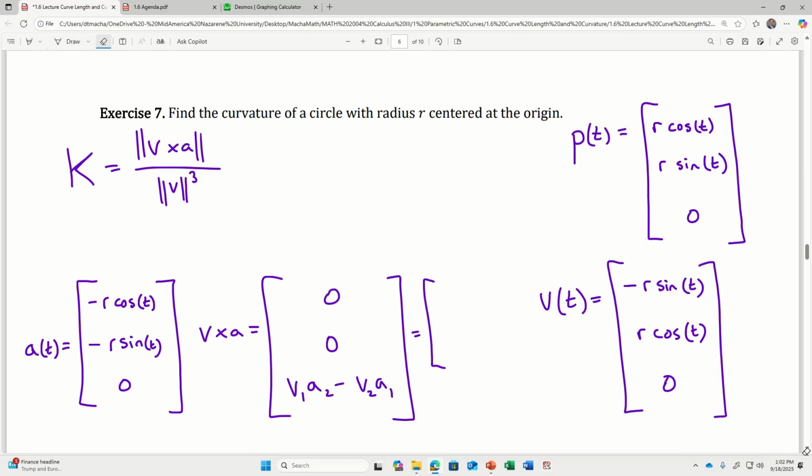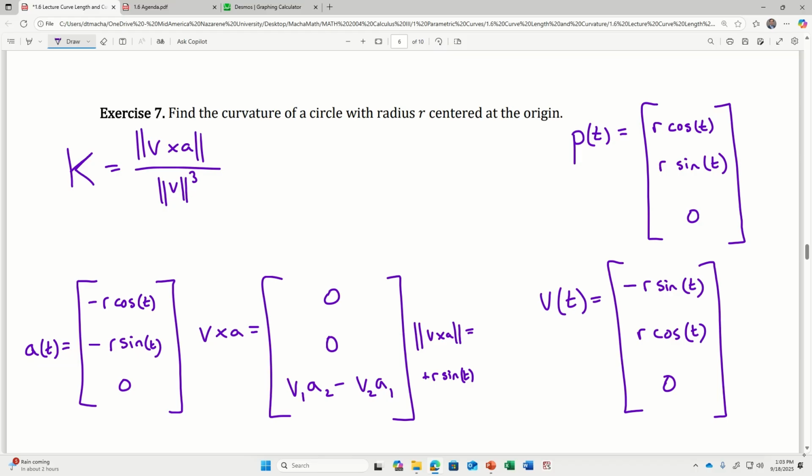So the norm of this cross product is just going to be the absolute value of whatever I get in this third entry, which is going to be negative r sine of t for v1 times a2, which is negative r sine of t.